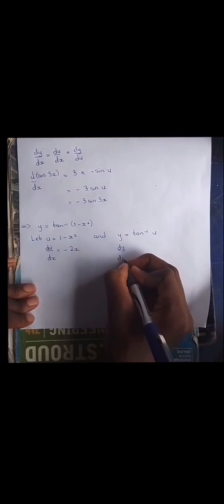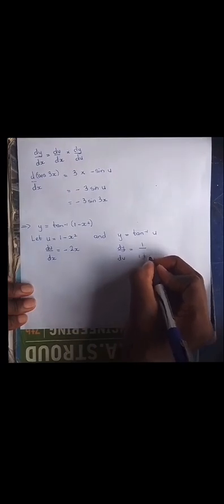Arctan u. du dx: differentiating 1 is 0. We bring in the minus down. Then differentiating x squared is 2x. Let's get to this one. dy du is equal to 1 all over 1 plus u squared.